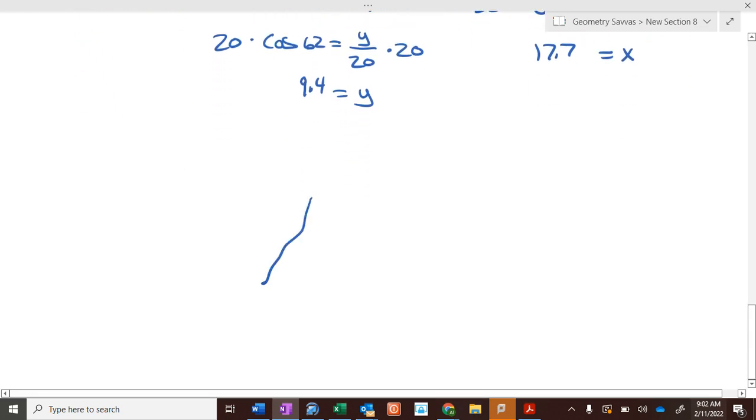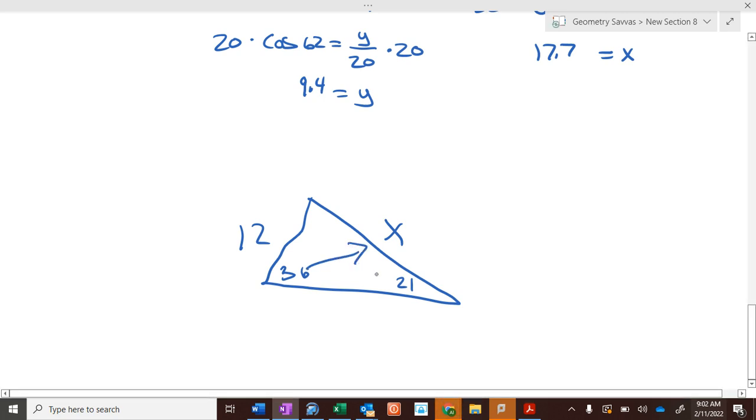Then we get into the law of sines. Okay, we got to find x there. So since we have opposites, we use law of sines because it's not a right triangle. Okay. So we say the sine of 21 over 12 equals the sine of 36 over x.